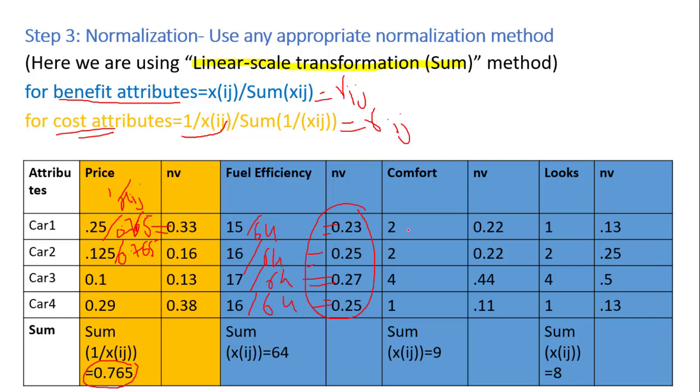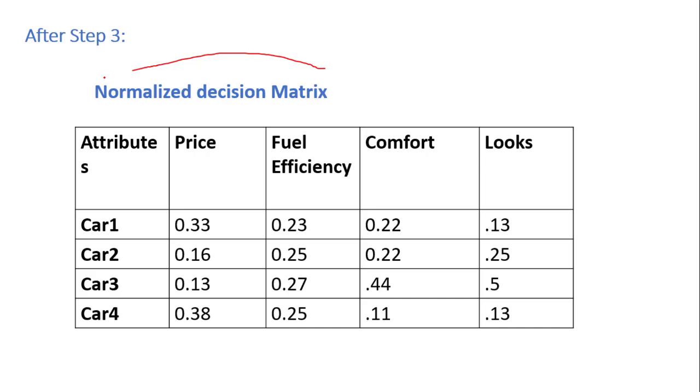Similarly, comfort is again a benefit attribute. So 2 plus 2 plus 4 plus 1 equals 9. So 2 divided by 9, 2 divided by 9, 4 divided by 9 and 1 divided by 9. Similarly for looks. So the normalized decision matrix is obtained, and step 3 is completed.